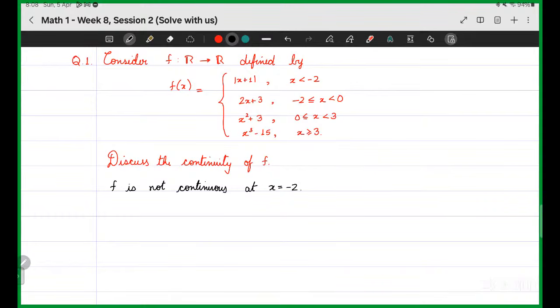But when you're asked to discuss the continuity of f, you have to talk about every point. So, okay, at -2 it's not continuous. What about the other points? 0 and 3 are continuous. But is it okay if I write this: continuous everywhere else, that is x not equal to -2?